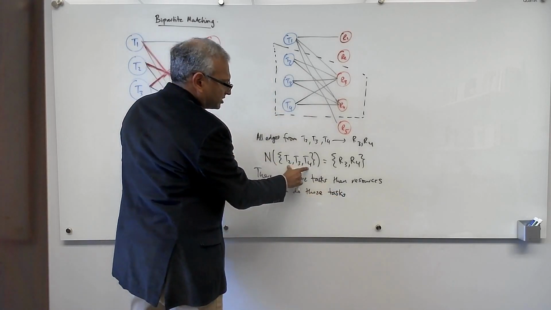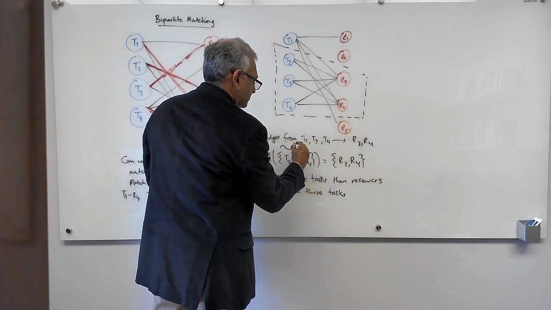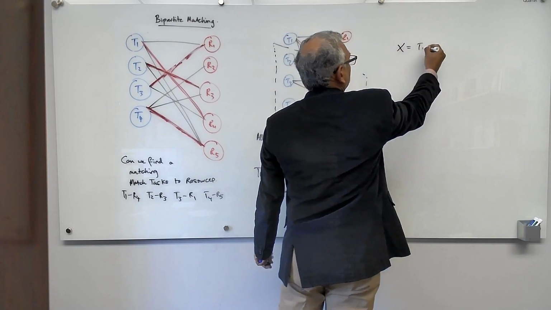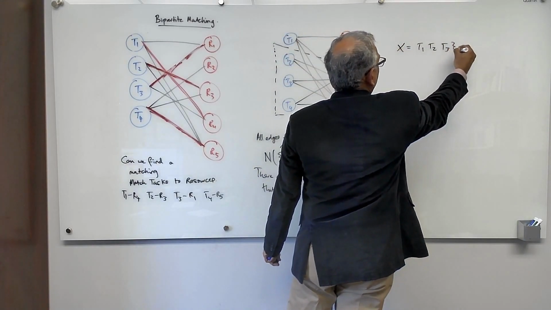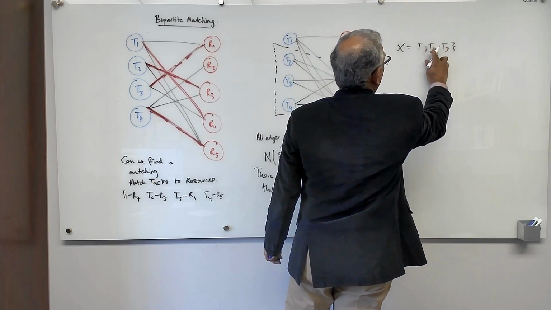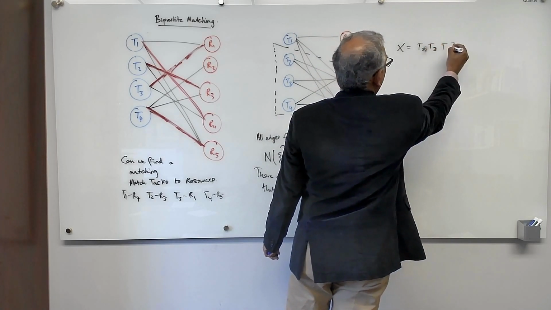Okay. So if we call this set X, okay, so we have a set X equal to T2, T3, T4.